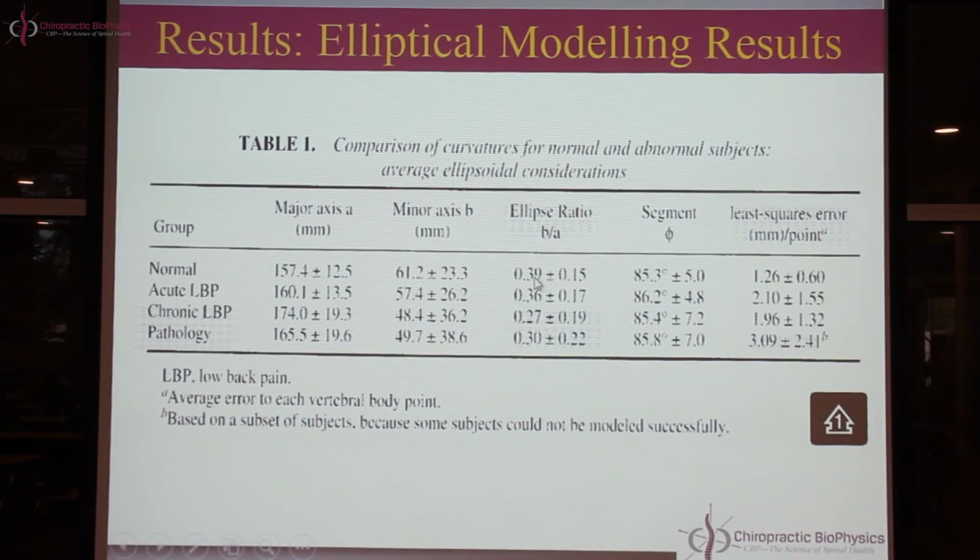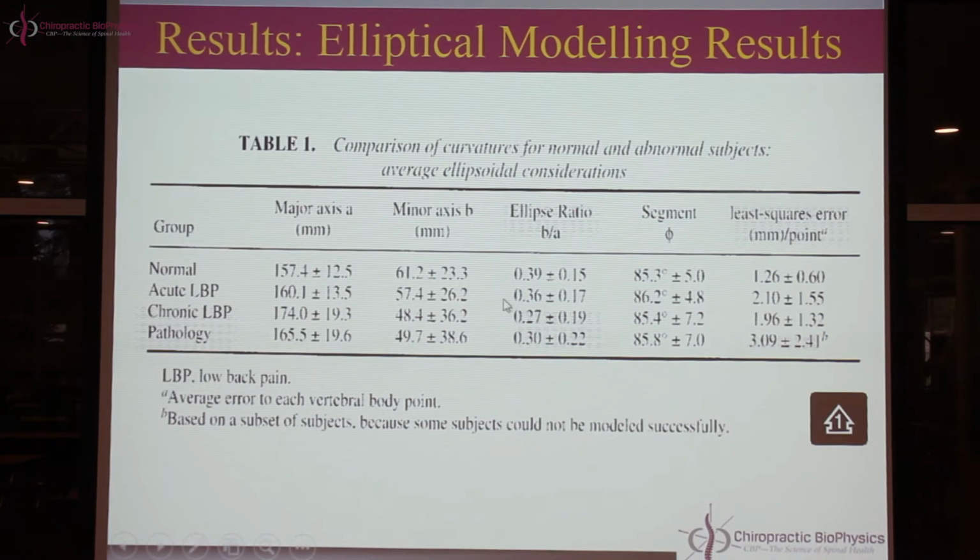What does this really mean? Well, you'll see that the ellipse in the chronic pain is flattened out. It's squashed. They don't have a deep enough elliptical curve. Here's the B over A ratio: 0.39 in the normal subjects, 0.27 in the chronic, and 0.3 in the pathology.